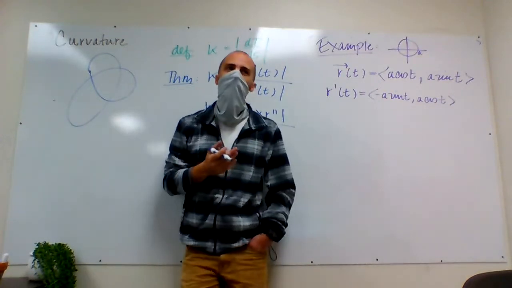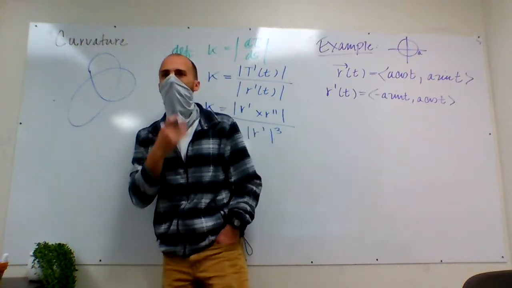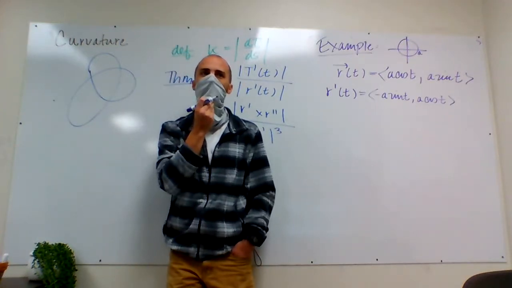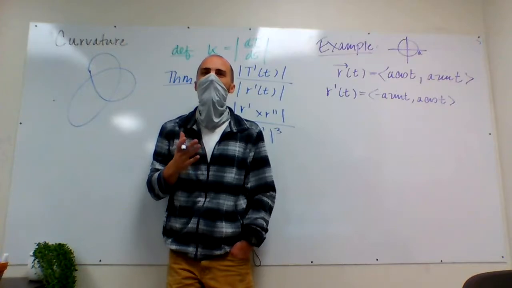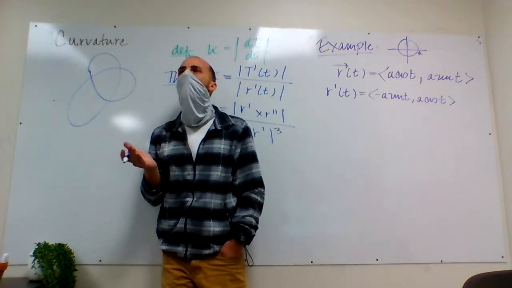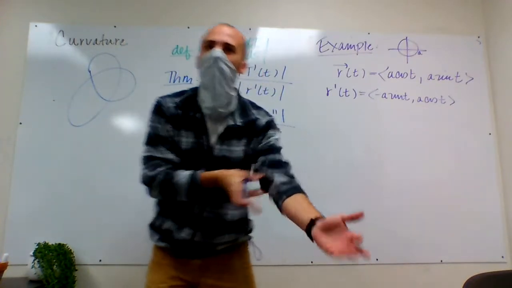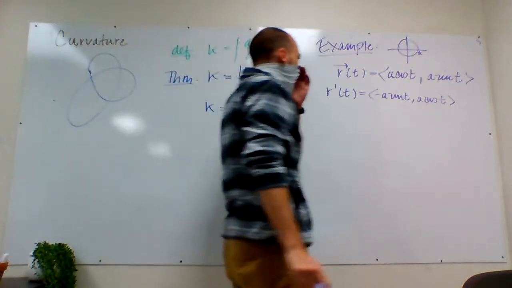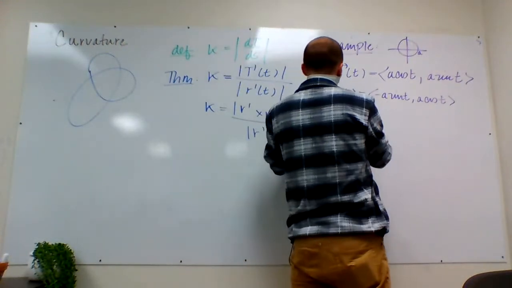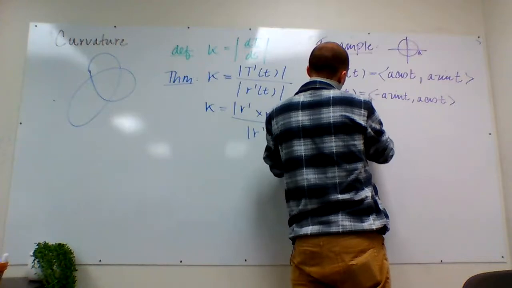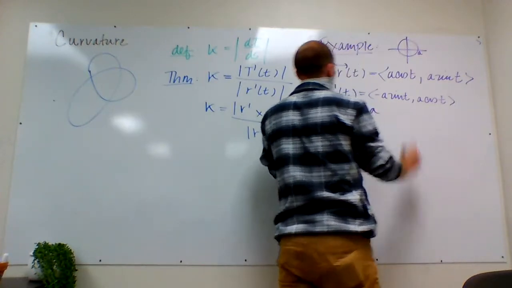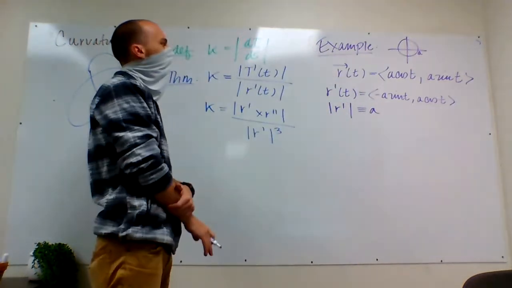And what would the length of r prime be? I don't know if you can see it. It's going to be a, because of the same cosine squared plus sine squared thing that I keep running into today for some reason. And so the length of r prime is constantly equal to a, always equal to a.